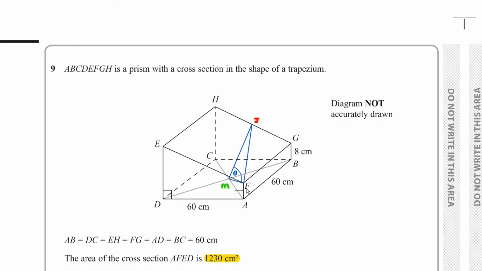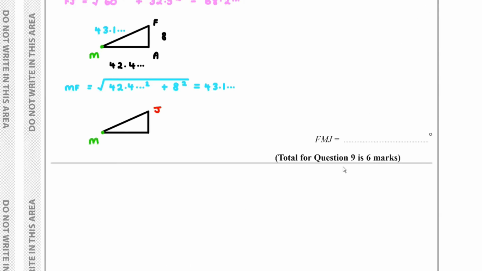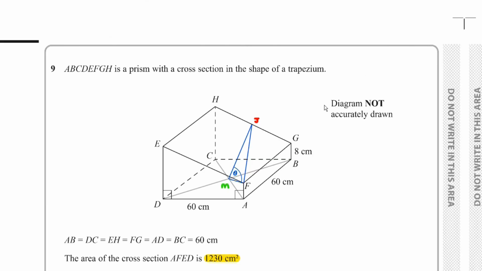Now in this triangle we have MF, we have FJ, we need MJ. So here is a triangle with MJ on it. Well, let's think about what we're doing. We've got half of the length of 60 for this bit, and then we have a certain bit going up.